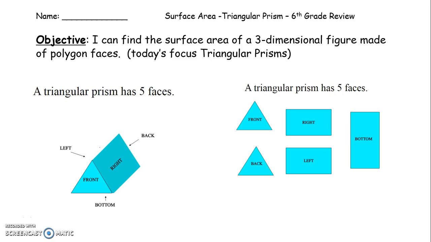A prism is named by the shape of its bases. In a prism, there will be two parallel bases. You can see the one on the front, the one on the back. Obviously, we can't see as well because it's hidden back here, but there's another triangular face in the back that matches the one up front.